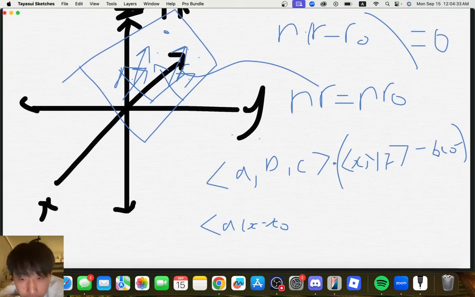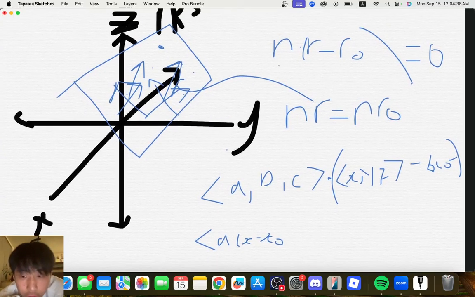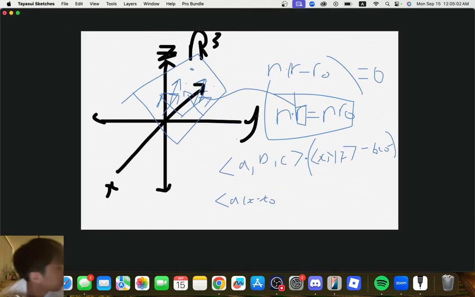And because of that, you can define it as such right here, where R is X, which is anywhere on the plane, and RO is the point you picked on the plane. So N is unchangeable, R is the one changing, right? And RO is the random point you picked, or it's given. And yeah, so there you go. That's it.